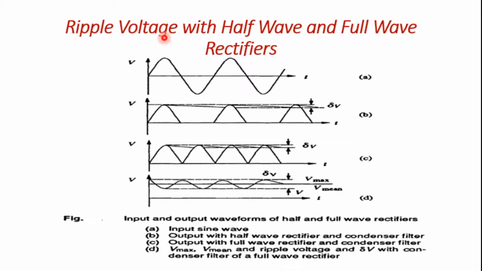Next, the ripple voltage with half wave and full wave rectifiers. When there is a load, the capacitor gets charged from the supply and discharged into the load resistance RL whenever the supply voltage varies from the peak value to zero, which is shown in these figures.